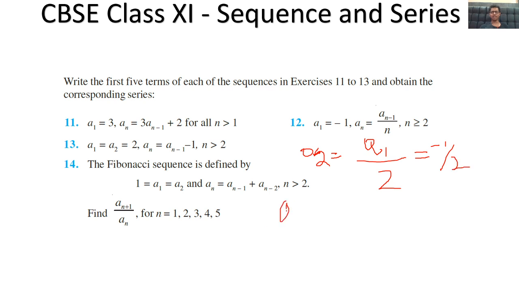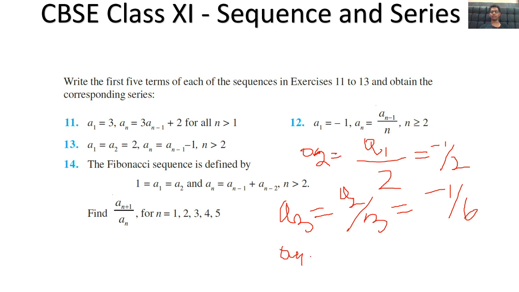Next, let's find a3. a3 is going to be a2 by 3. It's going to be a2, we have minus half by 3, it's going to be minus 1 by 6. Next, let's find a4.